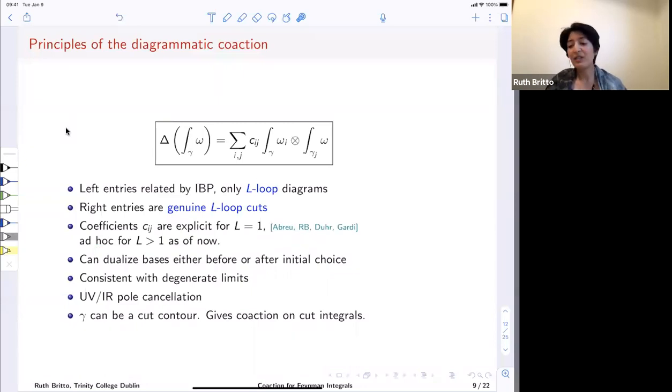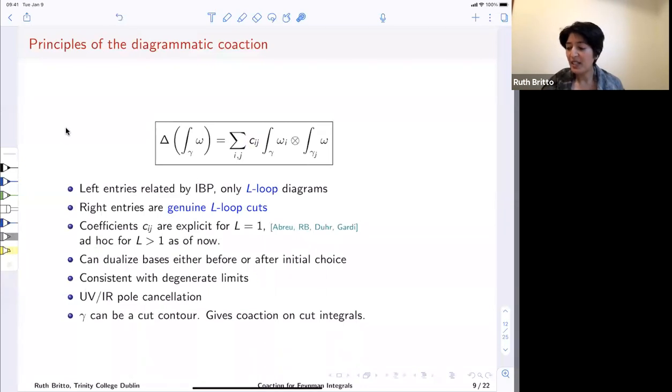For higher loop examples, they're ad hoc. So I'll show examples where we don't have the coefficients. You won't see these coefficients appearing, but that's just because I've absorbed them into the definitions of the contours. But that's something we do ad hoc. We can dualize the bases either before or after making the initial choice here.